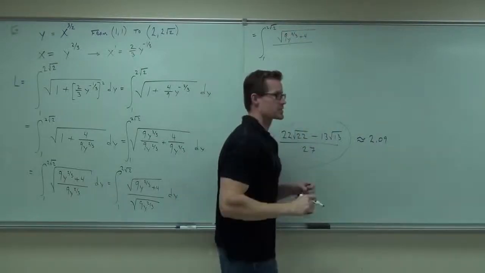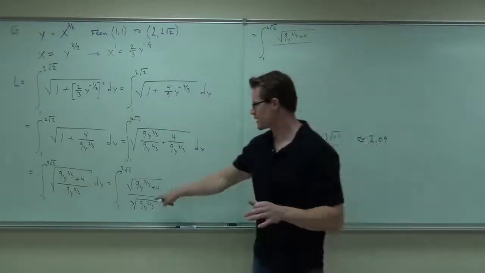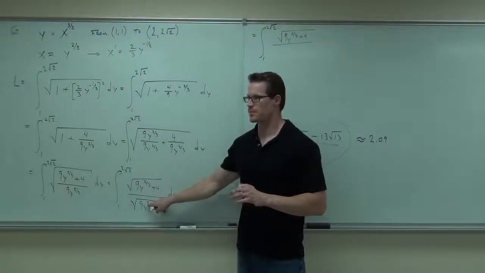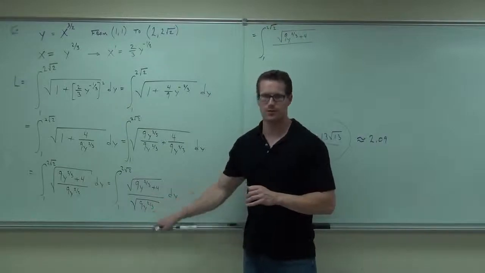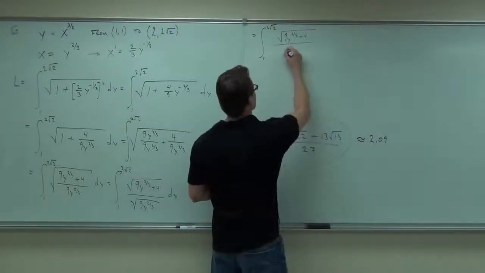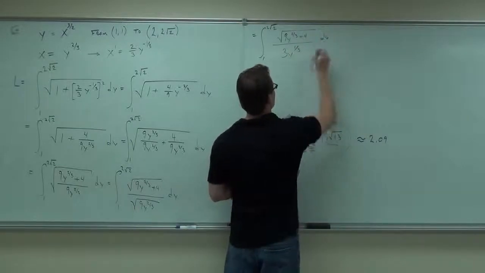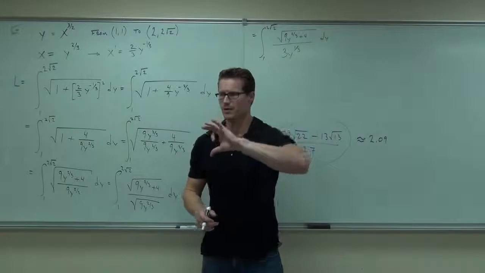And again, I give you some nice numbers. If you look at the square root of 9y to the 2/3 right here, that's the square root of something that's essentially being squared. This is 3y to the 1/3. Do a couple things here. I'm going to pull the 1/3 out.